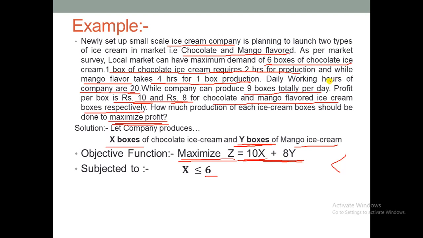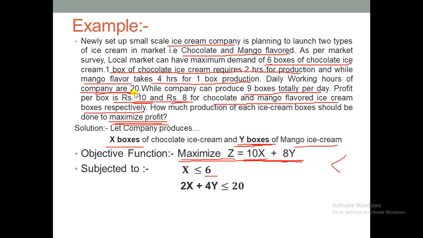But the company works daily for only 20 hours. So 2 hours for one box of x, with x boxes, 2x plus 4y. It cannot be more than 20 hours, because that is the daily working time.